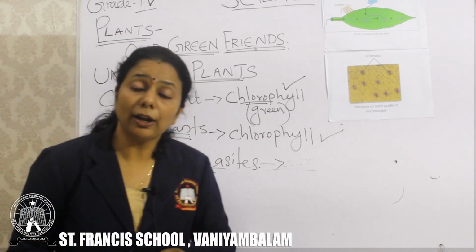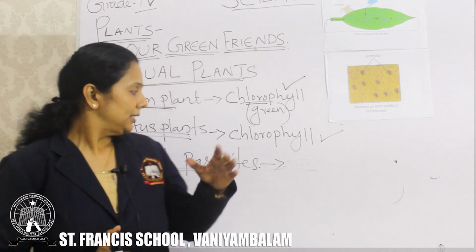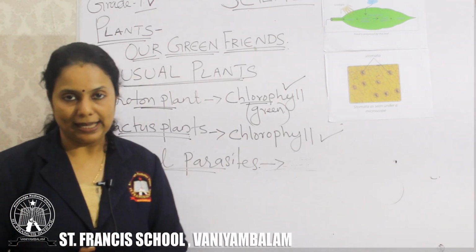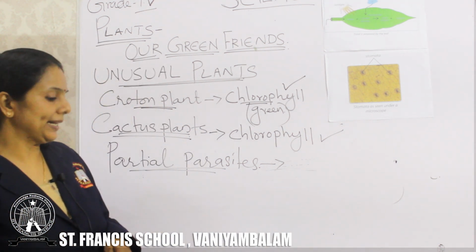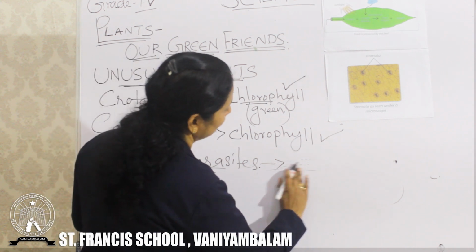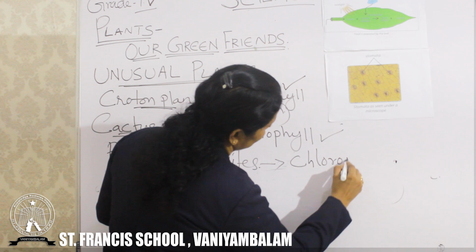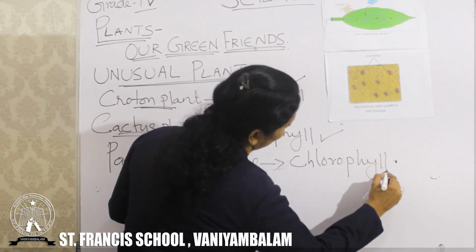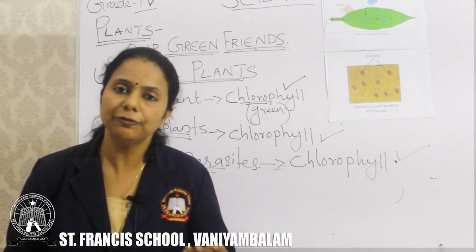Now, why are they called partial parasites? Let me explain. These plants are green in color, so they have chlorophyll. Chlorophyll is present, so they can make their food by photosynthesis.